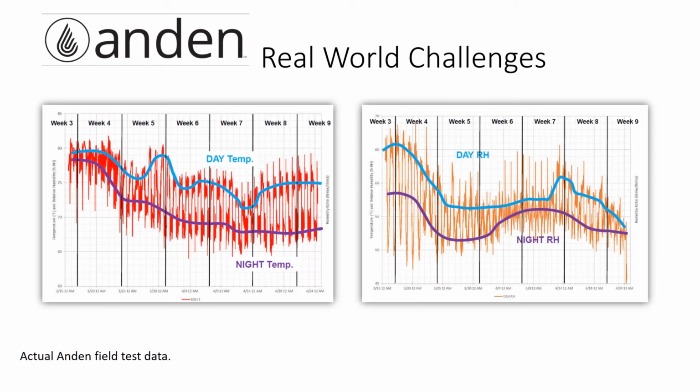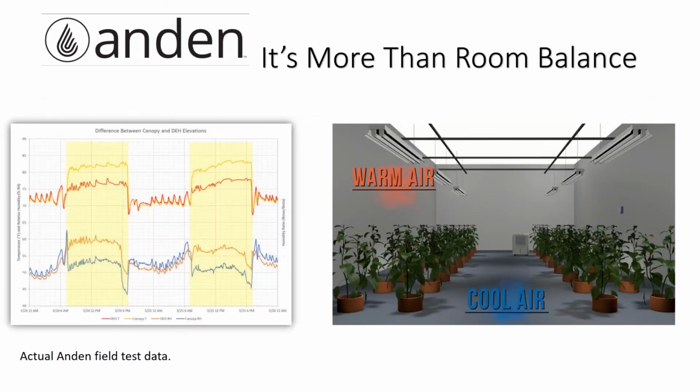In the real world, I'm sorry to report, plants don't behave the way that you want them to all the time. So what we need to do is understand how to calculate those variables and what we can do in order to change it. And it's more about just balancing the room, because the room can feel wildly different to you than it does to your actual plant.